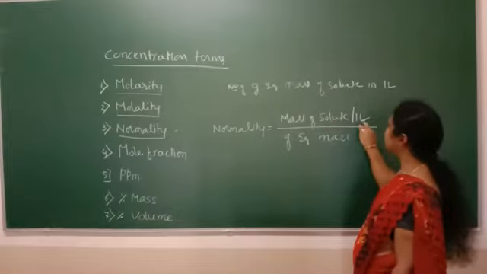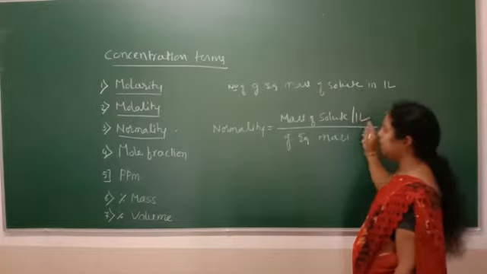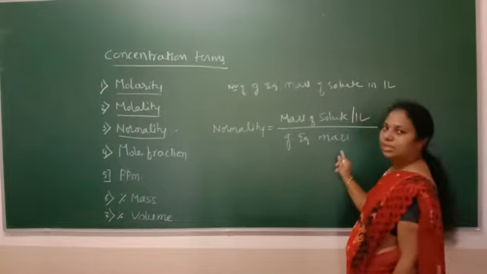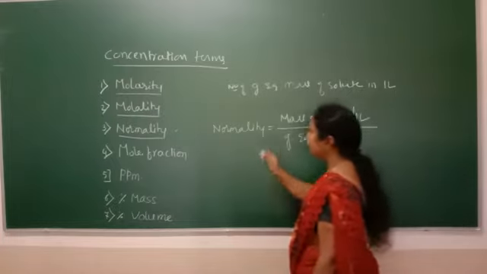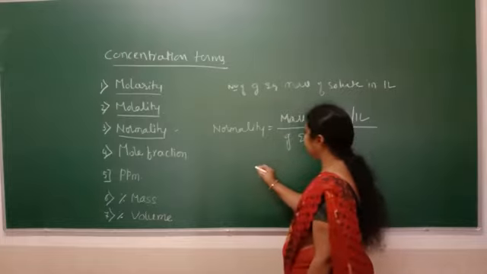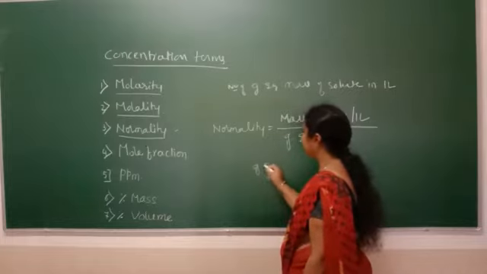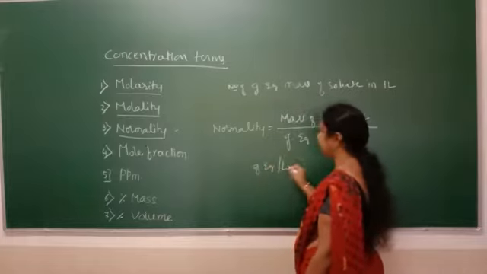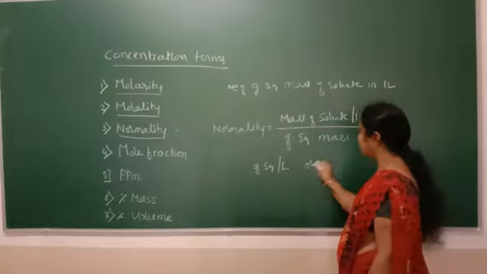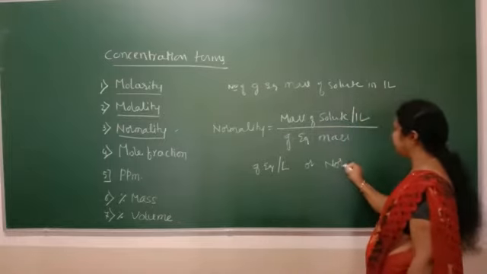So how much solute has dissolved in 1 liter, divided by the gram equivalent mass. And the unit of normality is gram equivalents per liter, also called normals.